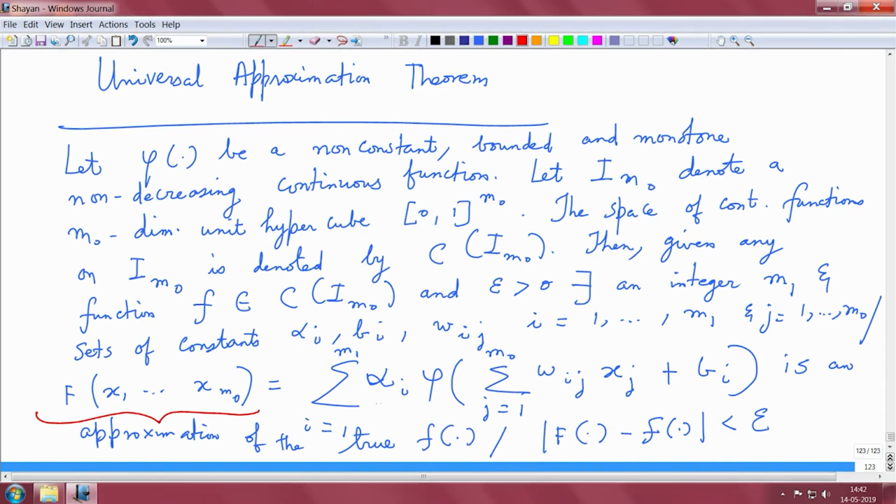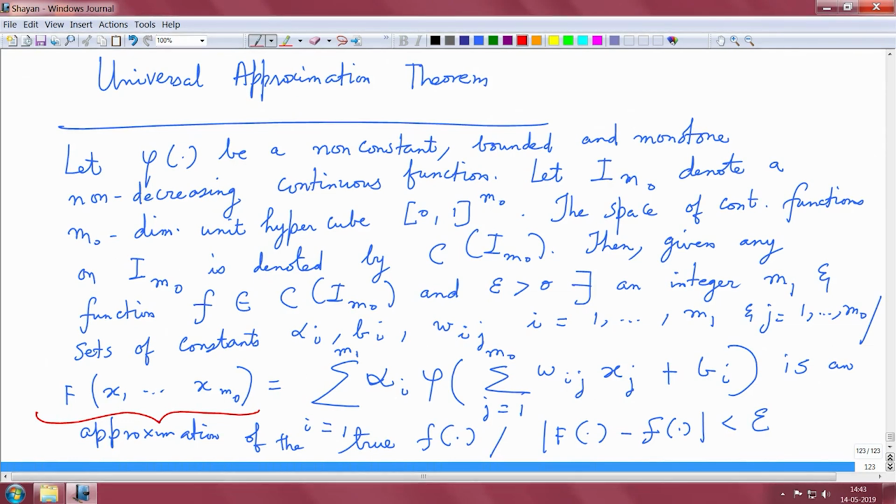This has some scalars alpha_i, and then you have a nonlinear function phi here, and you have a local receptive field, because you have some weights that scale the inputs, and then you have a bias term that is adding, and then a nonlinear function acting on it, and there are m1 such nonlinear functions, and you scale them by this parameter alpha_i, and maybe you can make a decision on top of it.